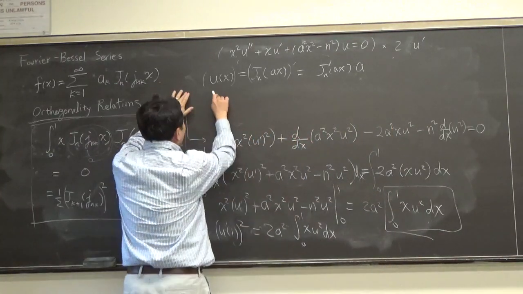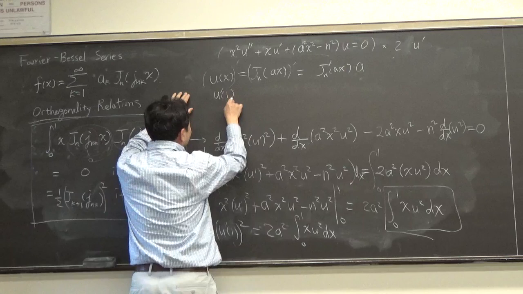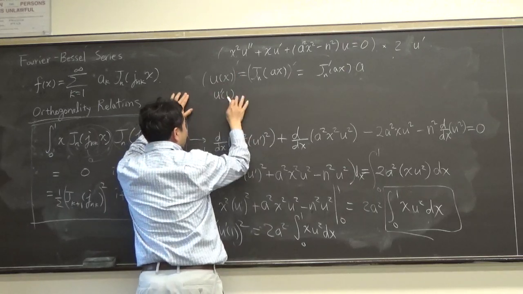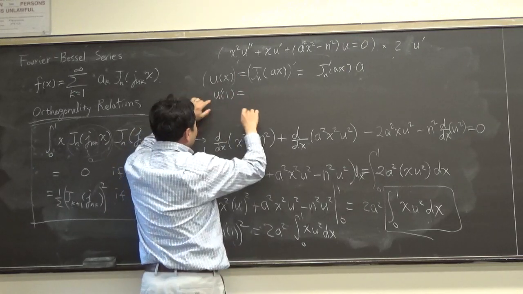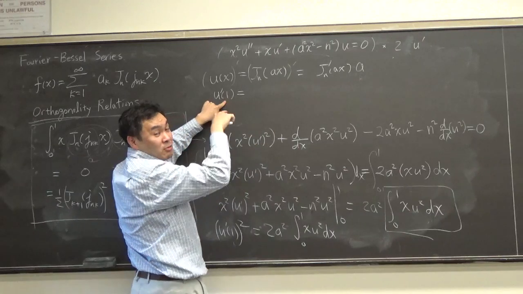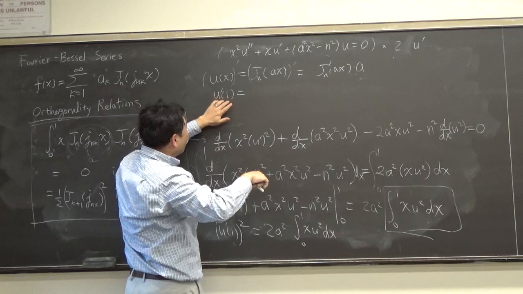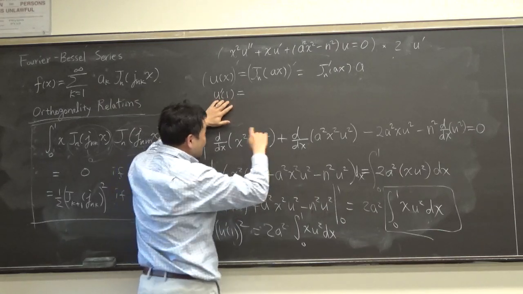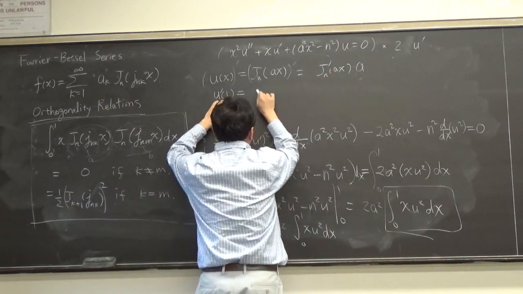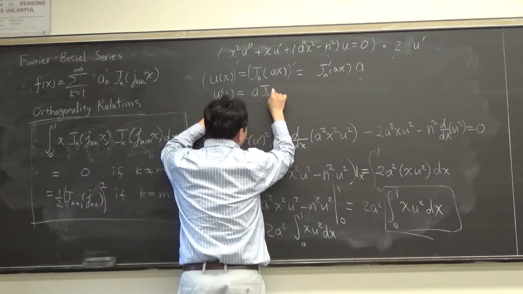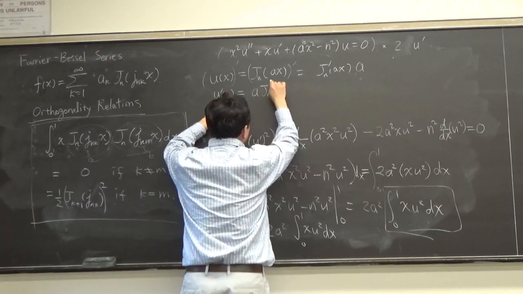Therefore u prime of 1 means you differentiate first and then you plug in 1. It's not that you plug in first and differentiate. So you differentiate and plug in 1, which is a times jn prime of a.